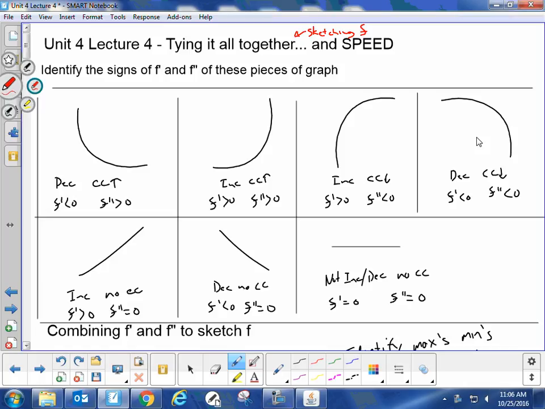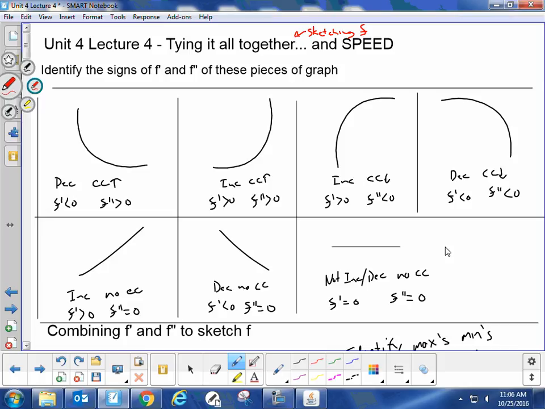We need to be comfortable understanding that if I have certain signs at the same time, my function will look like this, or this, or this, or this, or this, or this, or even that.